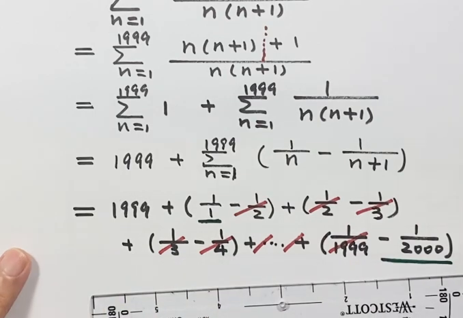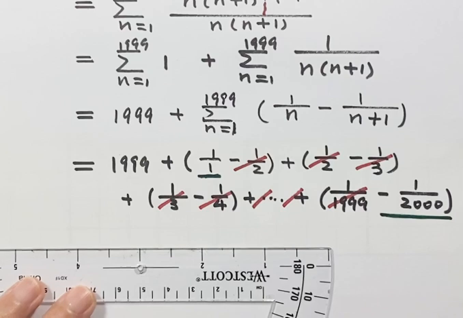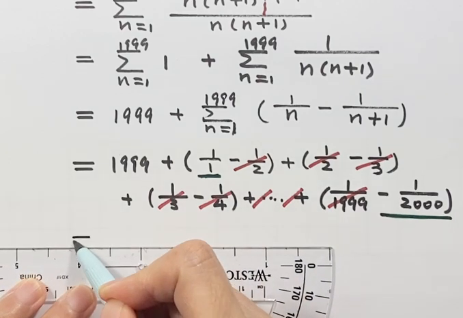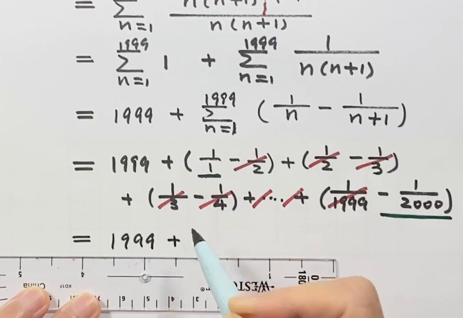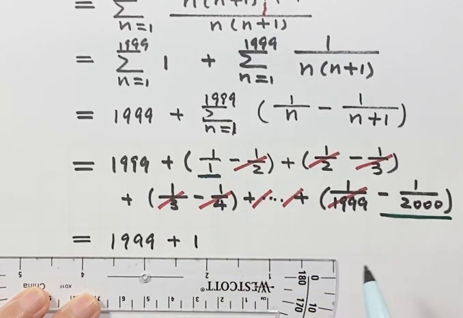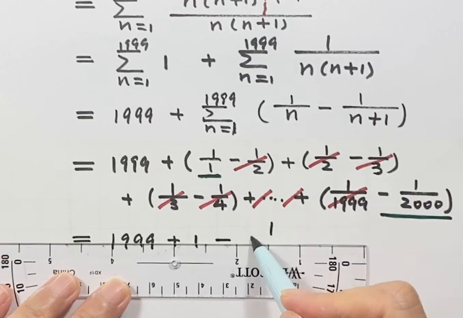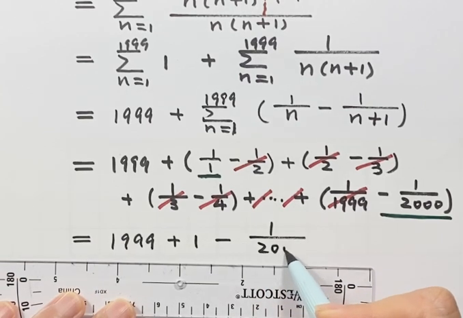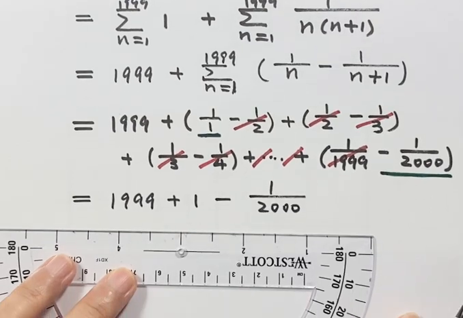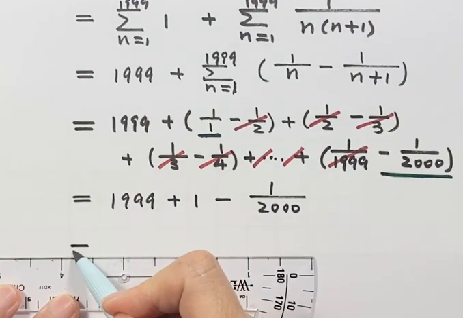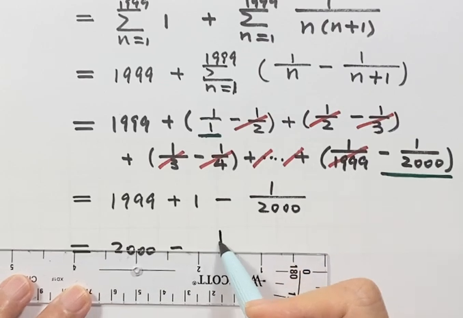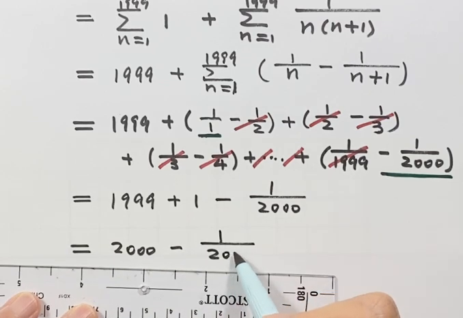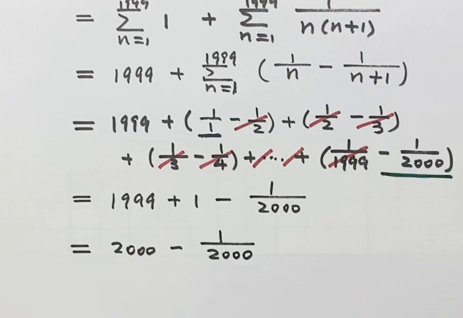So now we have 1999 plus the first term, 1, then the last term, minus 1 over 2000. Then the answer is 2000 minus 1 over 2000. So that is the answer for this question.